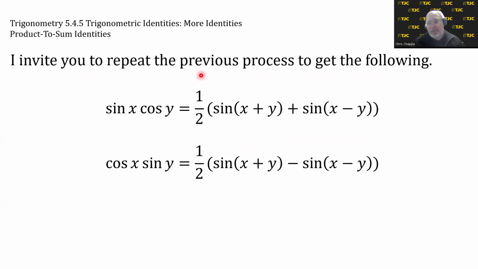I invite you to repeat the previous process to get the following. Sine of x cosine of y equals 1/2 times sine of x plus y plus sine of x minus y, and cosine of x sine of y equals 1/2 times sine of x plus y minus sine of x minus y.